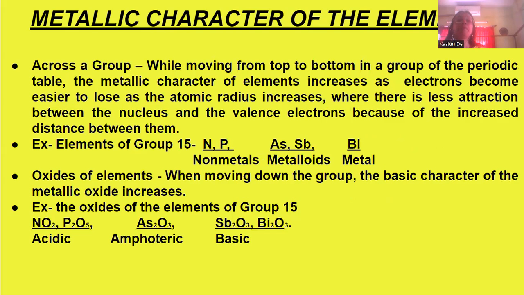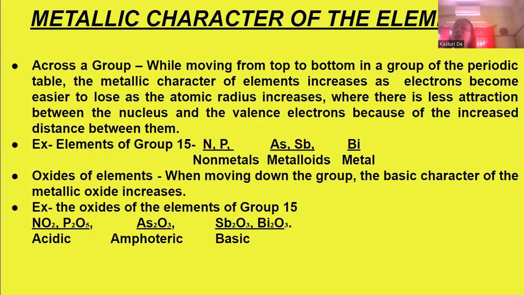Okay. Then across the group, this was happening across the period. Now this metallic character across the group, what happens? That is, when we are moving from top to bottom in a group, then the metallic character of the elements increases as electrons become easier to lose. Because the atomic size is more, their last valence shell is away from the nucleus, their attraction from the nucleus is much less.